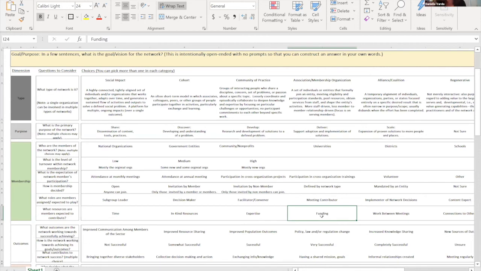So if you have a different set of resources that you are trying to look for from your members, the question in the survey would ask, what resources are you able to contribute to this network? So that if you have a strategy that people should be contributing expertise and funding, we know who is self-identifying and how they're embedded in the network. So that's how it connects to that.